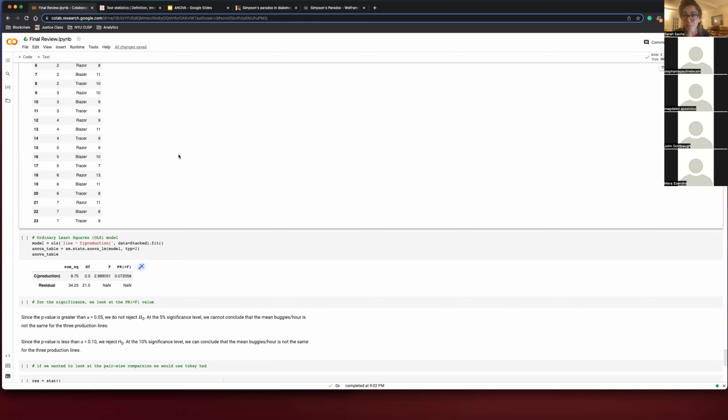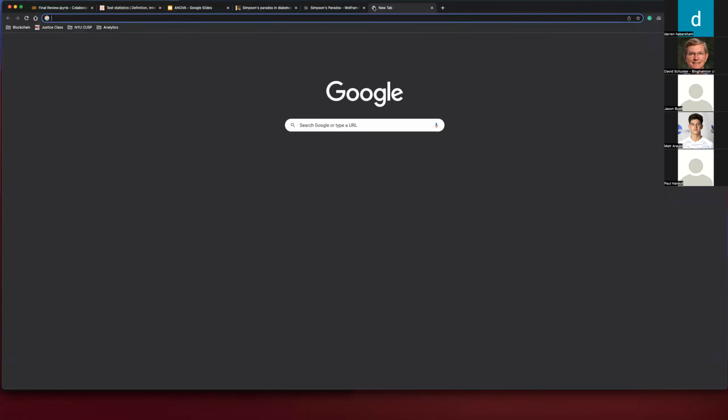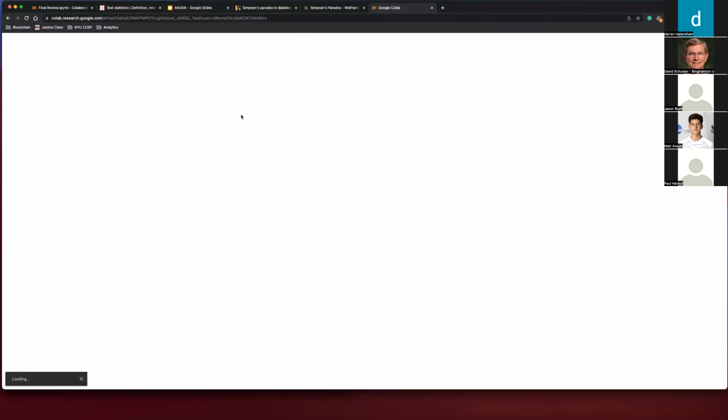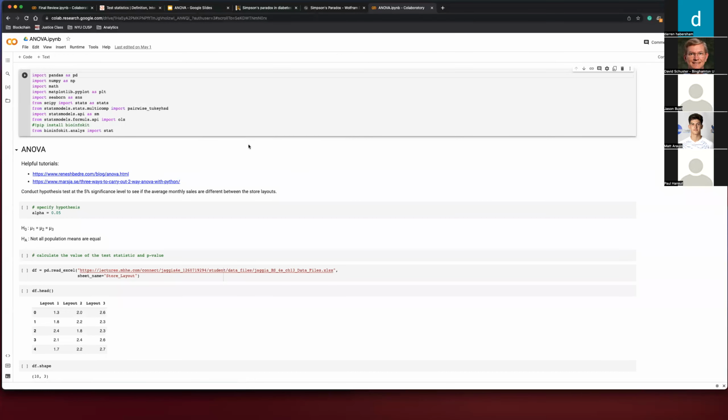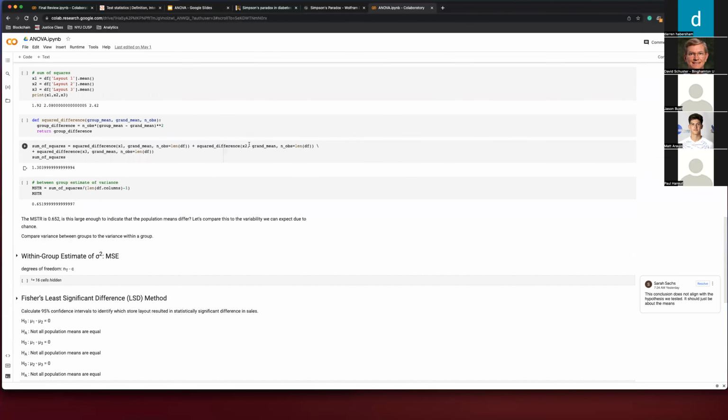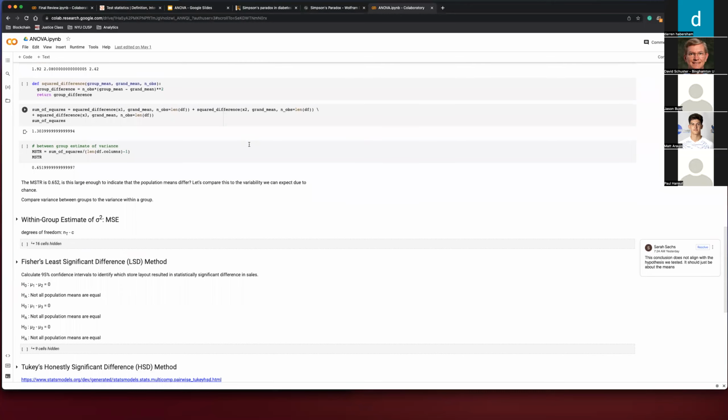Hey, Sarah, question on that stacking. Is that similar to the melting, or is that a different operation? Yeah, I will bring up the Anova notebook because I think we had an example of both, because they're somewhat similar, and off the top of my head, I can't explain exactly how they're different.